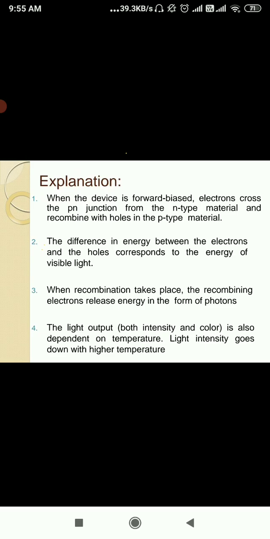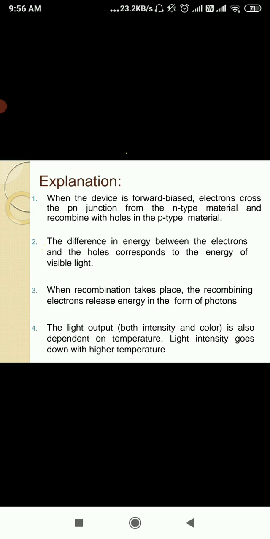Similarly, holes from P will enter into the N-type and they will recombine with the electrons, due to which there will be a flow of light, and the difference in energy between the electrons and holes corresponds to the emission of light.